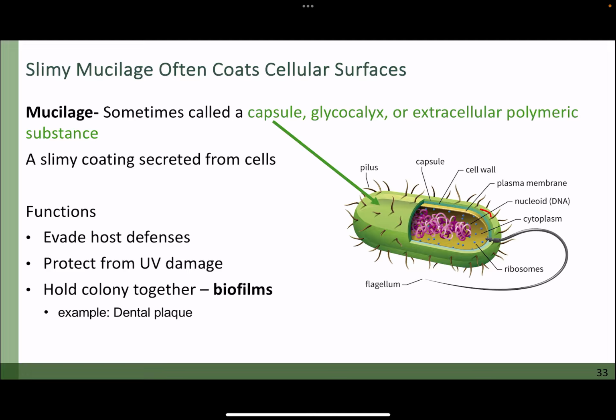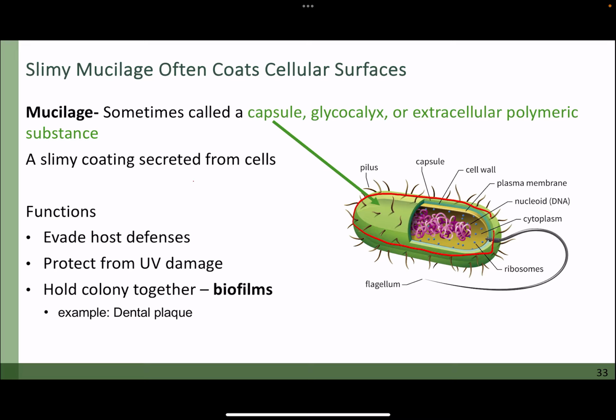Basically, it is used for protection overall, but there are some specific ways that it's used. Mucilage is basically a slimy coating, so think of the word mucus. That's what this is. It's basically just mucus on the outside of the cell, and it's going to help in defending against invasion by viruses, conjugation.